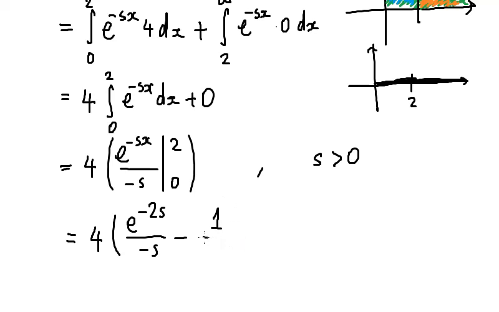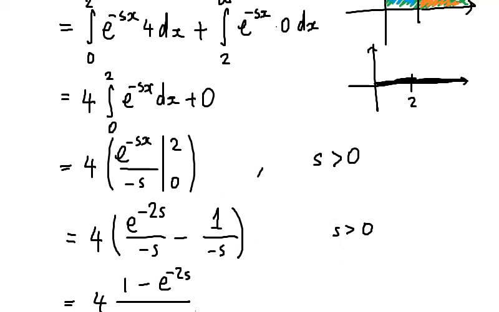So let me skip into that step. And so then that's divided by minus s as well. And we keep the same s there, and then we can simplify the answer to be 4 times 1 minus e to the power minus 2s divided by s. So that's the expression of s that we were looking for.